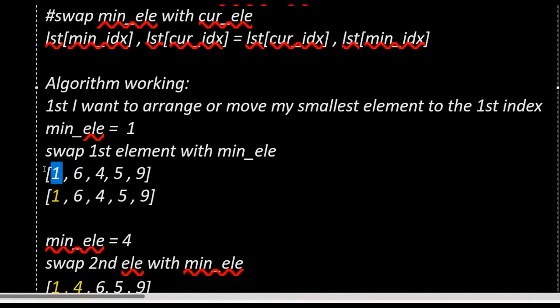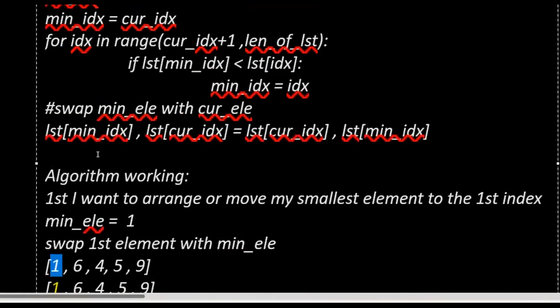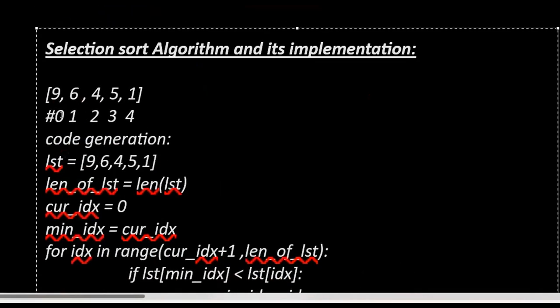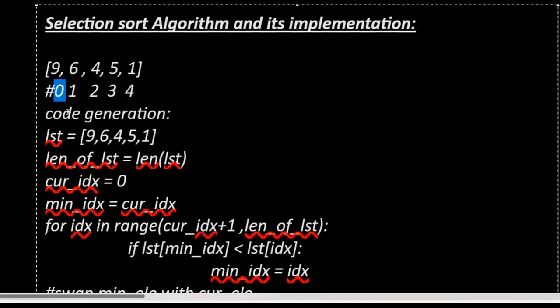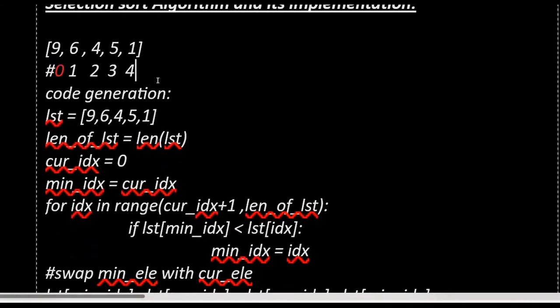So what do we get? The first smallest element I got, that is, the zeroth index got sorted. Now to sort the first index, I again need to perform the same logic by just picking current index as 1.